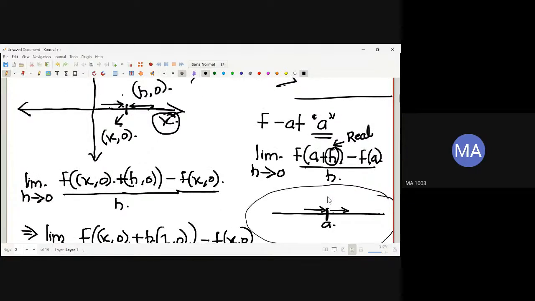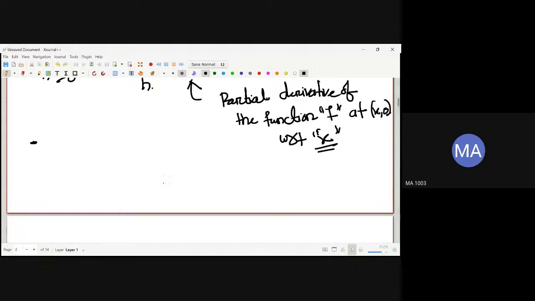To show some analogy between R squared and R. Instead of x comma 0, you can take any arbitrary point a comma b in your R2, and in that case the partial derivative of the function at this point with respect to x is the limit h tends to 0 of f of a plus h comma b minus f of a comma b, divided by h.